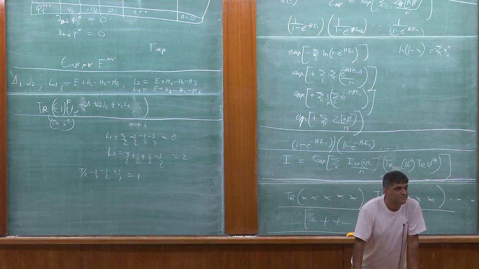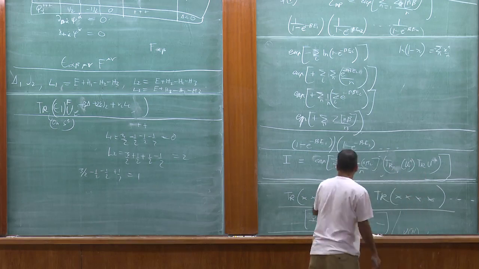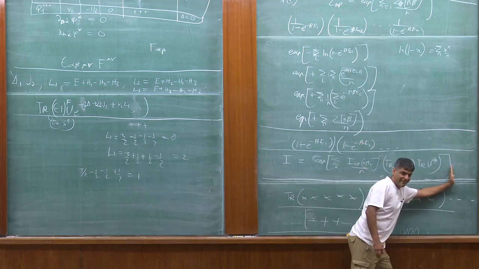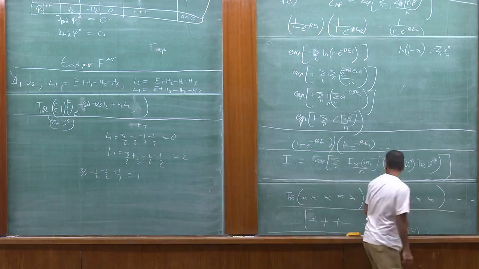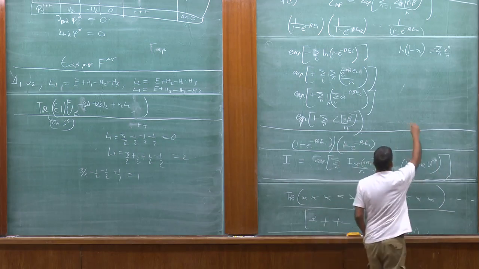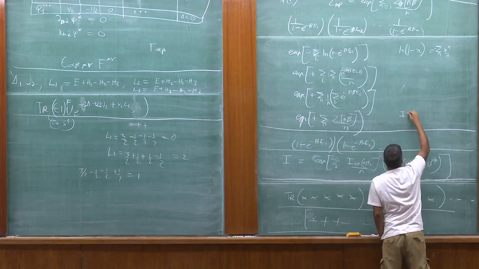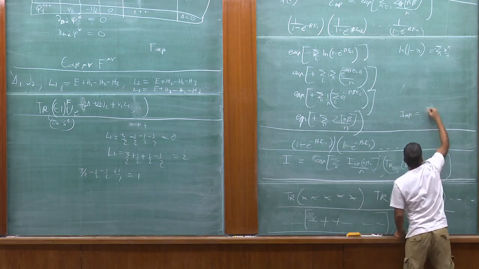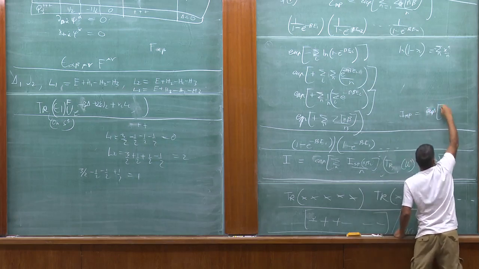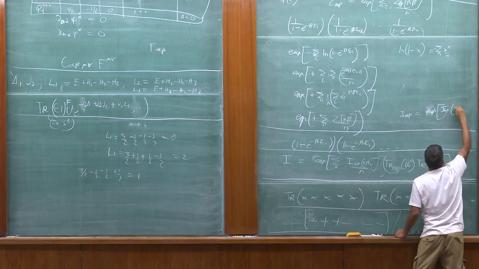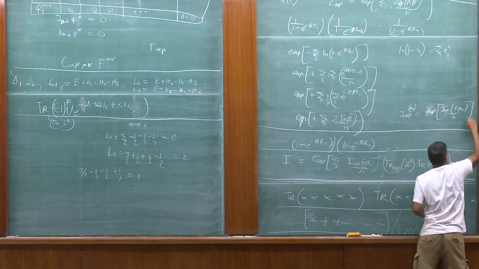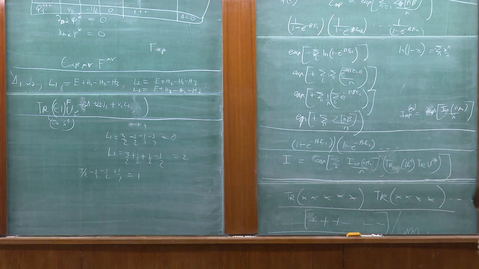Why is U in the exponent? For the same reason that this was in the exponent. What I'm using is this formula, that the multiparticle index is equal to the exponential of the single-particle index with n times the chemical potentials. All the chemical potentials will get n, including the chemical potential U.